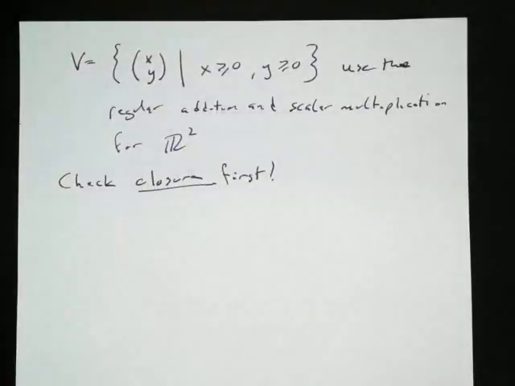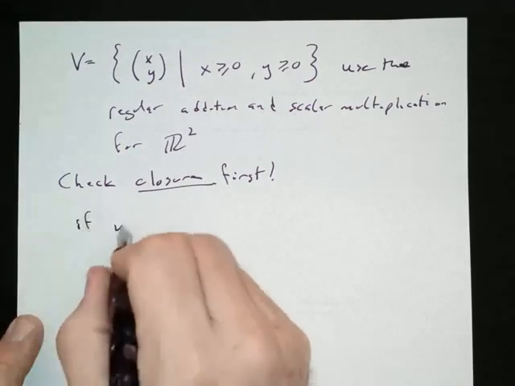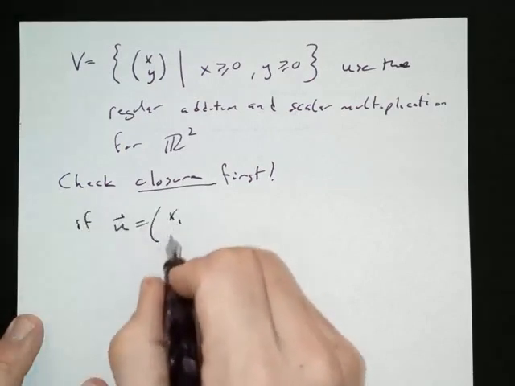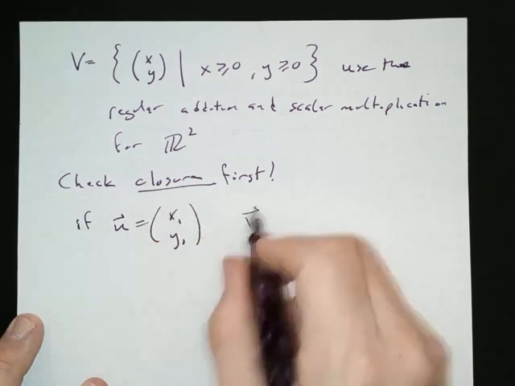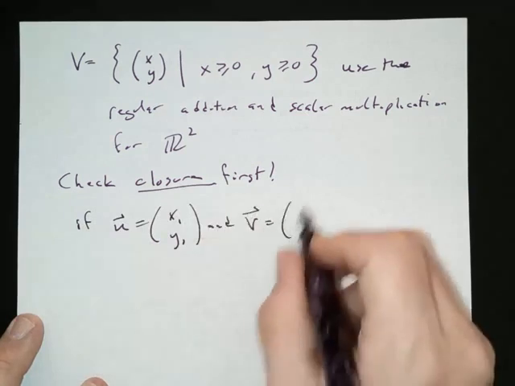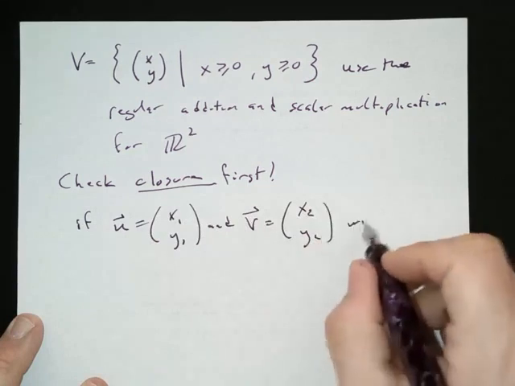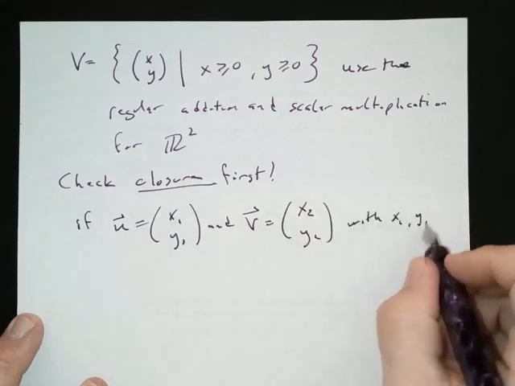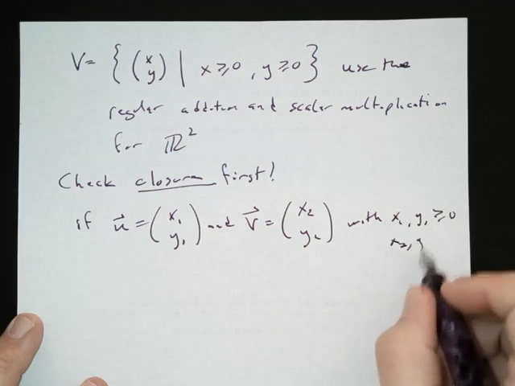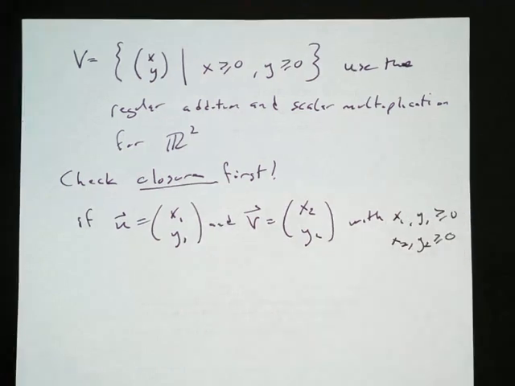So, operation number 1 says if I have x1, y1, and x2, y2, we'll call those u and v, and I know all 4 numbers involved there are bigger than or equal to 0, and I add, what do I get?